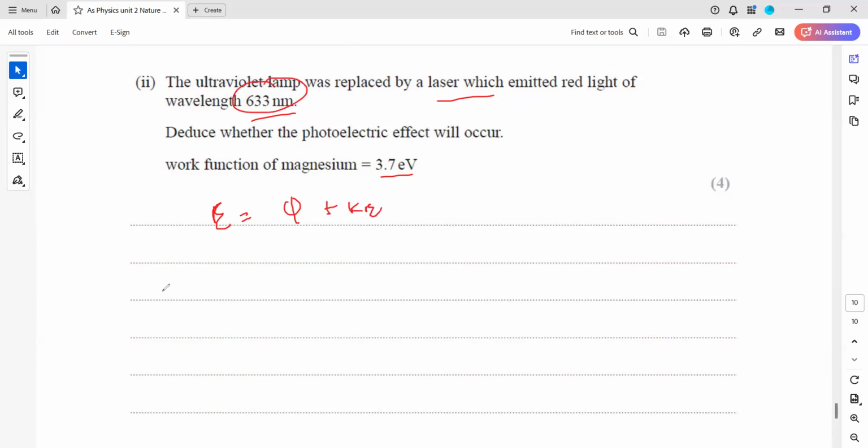The energy of a photon you can get by using the formula E equals hc over lambda. This will give us the energy of a photon. The work function is given, but we have to identify whether the electron will be emitted, so we have to compare.